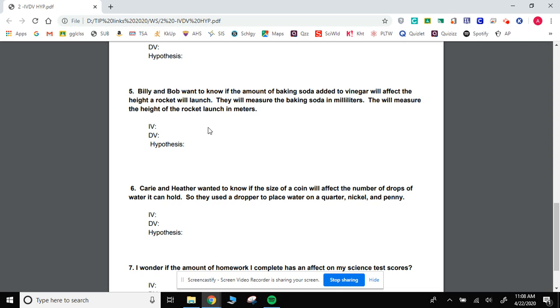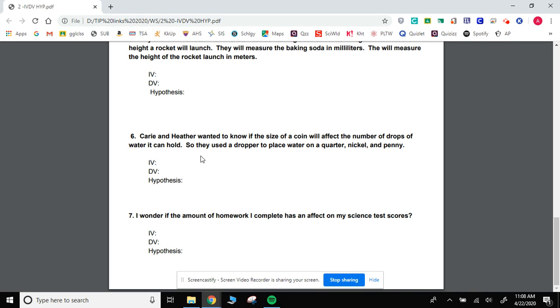So the independent variable is the amount of baking soda in milliliters, which technically is strange to measure in milliliters, but the effect would be our dependent variable, the height of the rocket launch. So our hypothesis could be if more baking soda is used, then the rocket will launch higher.